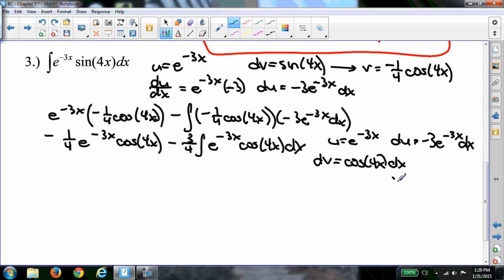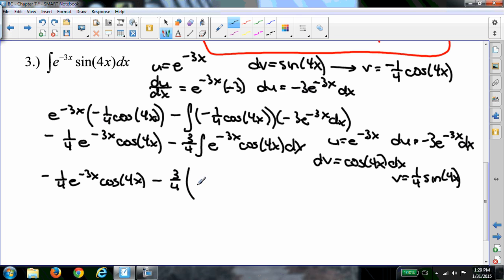And therefore integrating, v is going to equal positive this time, 1/4 sine of 4x. So substituting in, I get negative 1/4 e to the negative 3x times cosine 4x from the first part, minus 3/4 my next part.